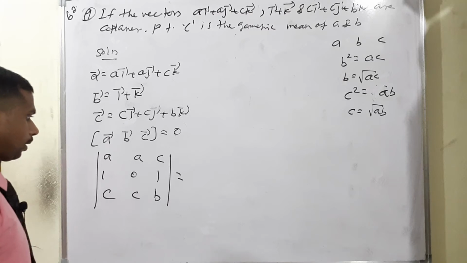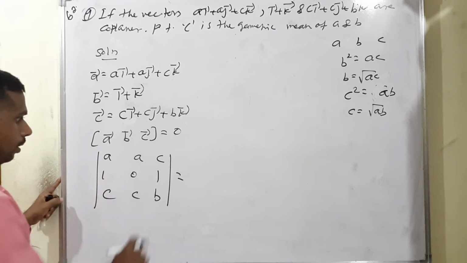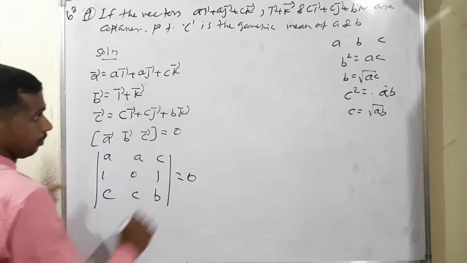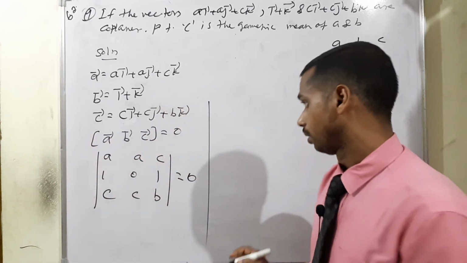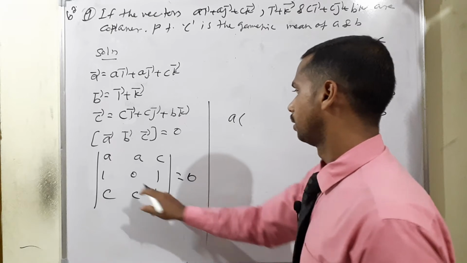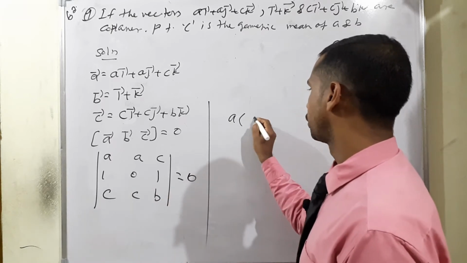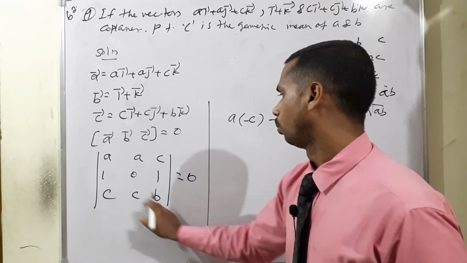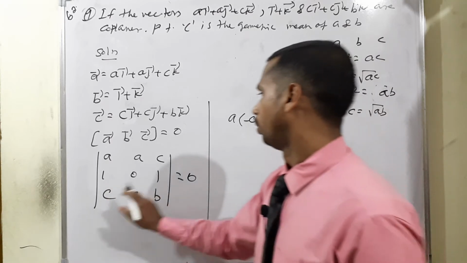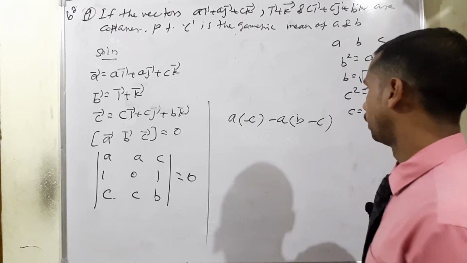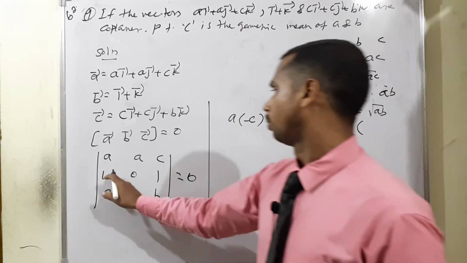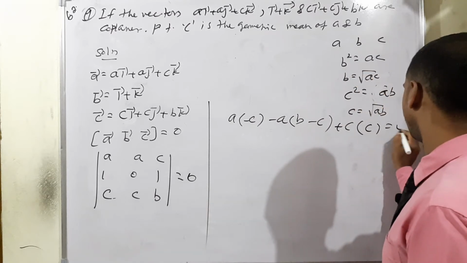So what will the answer be? Coplanar means it is equal to 0. Now simplify. First A into 0 is 0, then 1 into C minus A. Next minus A, then 1 into B, B, and 1 into C minus C. Then positive C, so 1 into C, C is equal to 0.